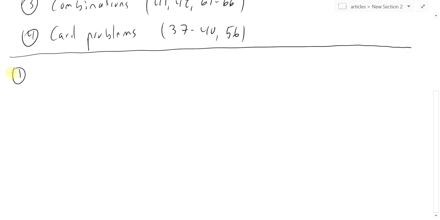Okay, so part 1, permutations and combinations and definitions. Permutations and combinations deal with picking r things out of n, right?